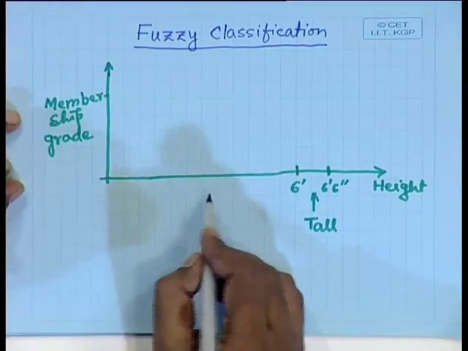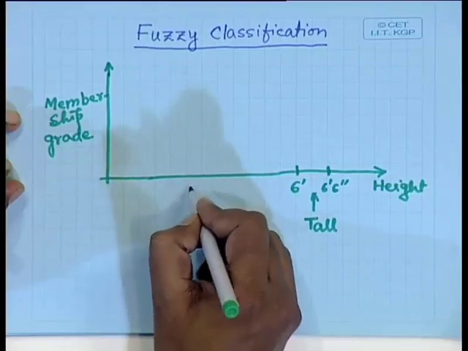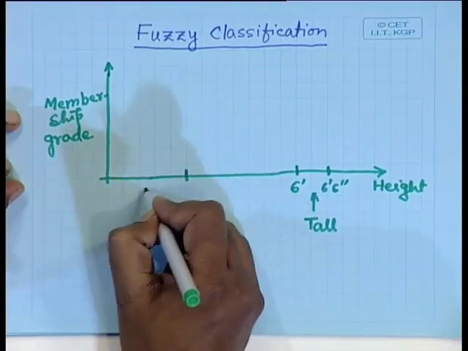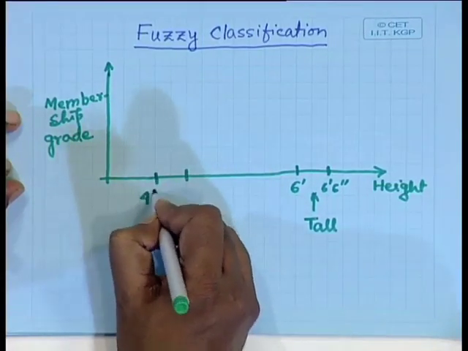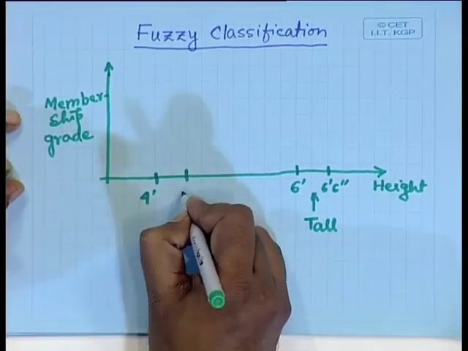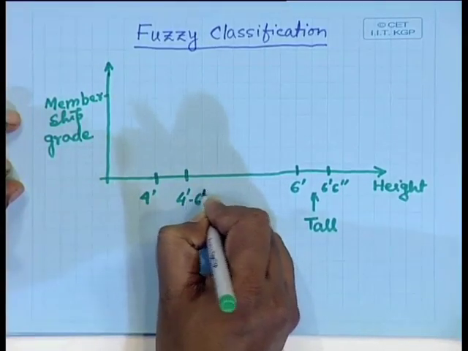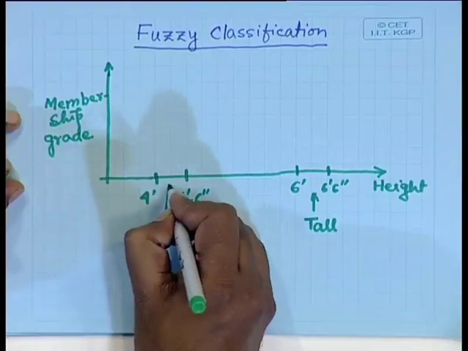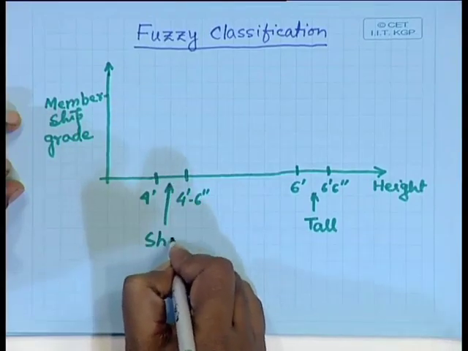If it is between say 4 feet to 4 feet 6 inches, we say that the person is short.